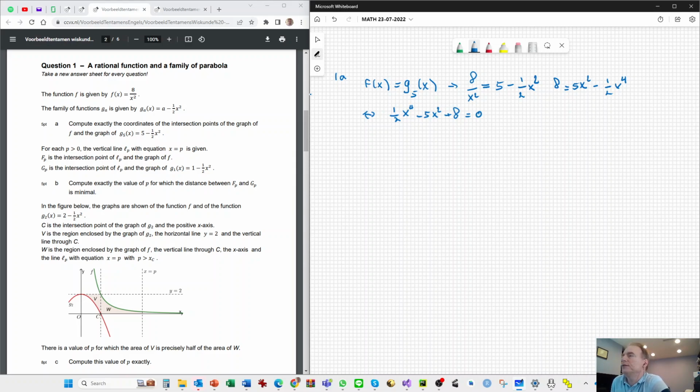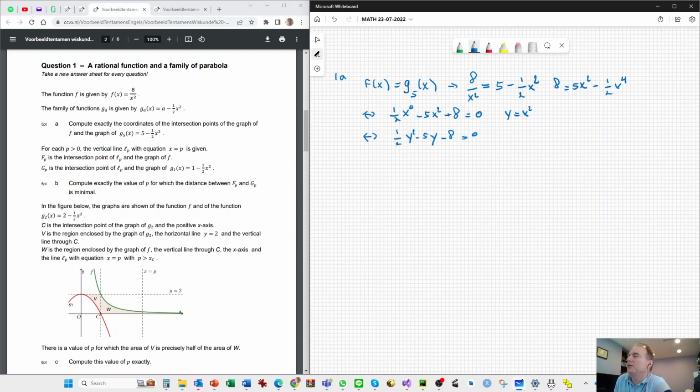Now with this, one part in the materials is that you solve these things by substitution. We can just define, let's say, y as x squared, and then this becomes 1/2 y squared minus 5y plus 8 is 0.